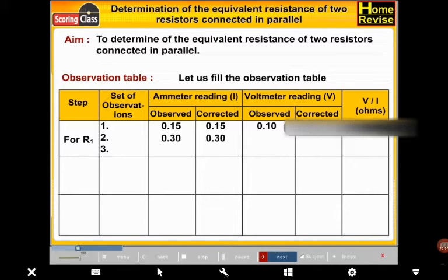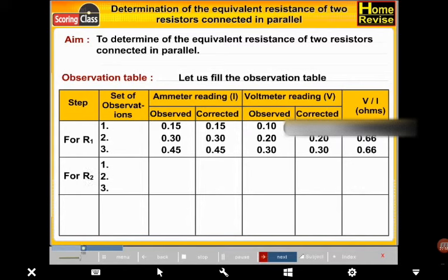For second set of observations, ammeter reading observed 0.30, corrected 0.30, voltmeter observed 0.20, corrected 0.20, it is 0.66 ohms. For third set, ammeter observed 0.45, corrected 0.45, voltmeter observed 0.30, corrected 0.30, it is 0.66 ohms.